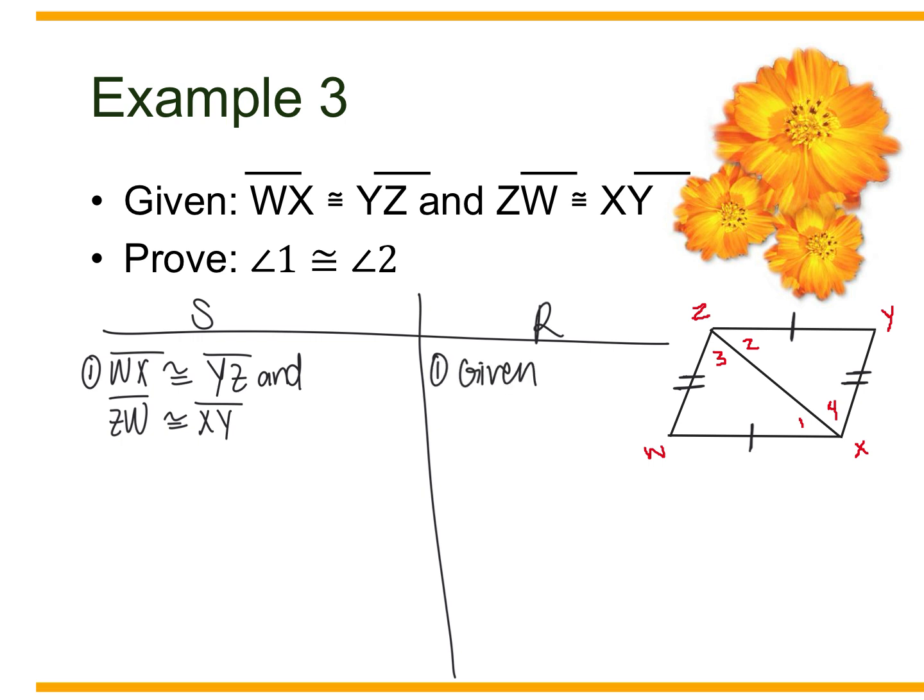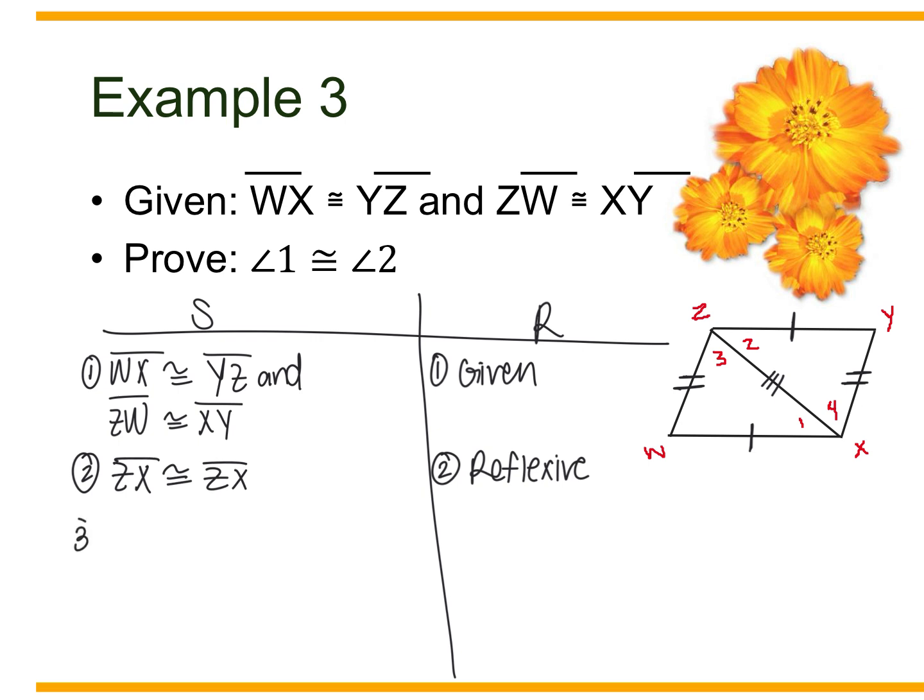Is there anything else that I can state as congruent? No, Jonah? ZX. Good. ZX is congruent to ZX. It is reflexive. Are these 2 triangles going to be congruent? Yes.